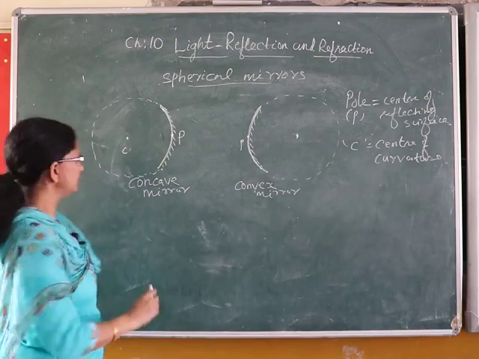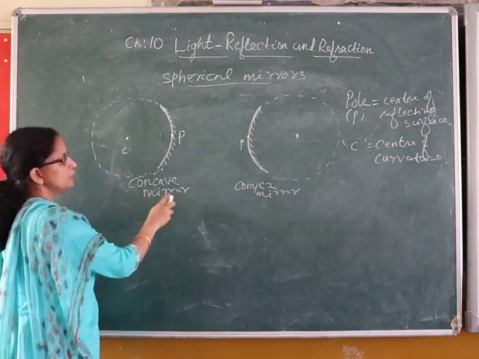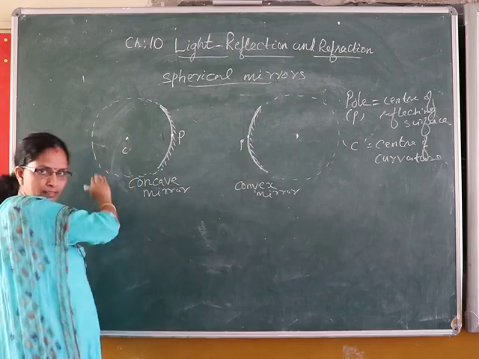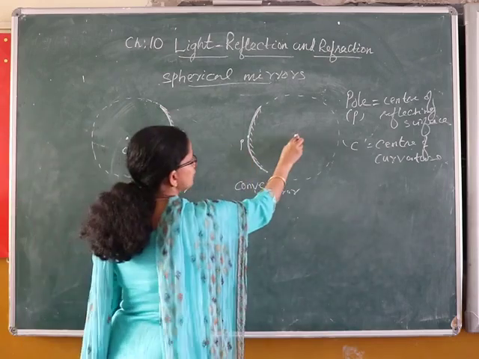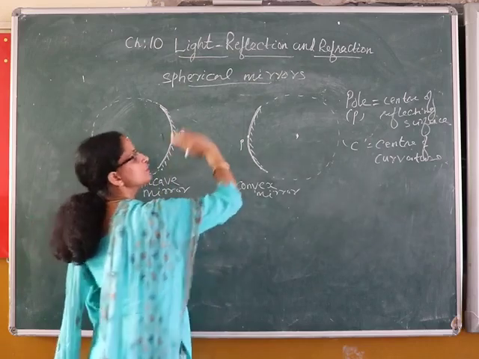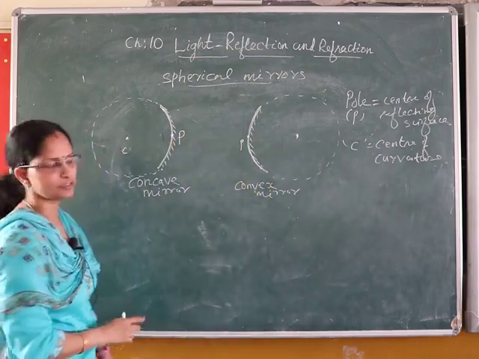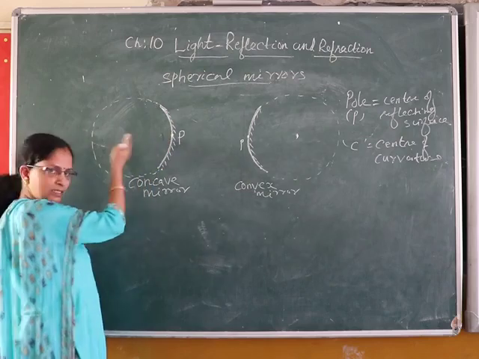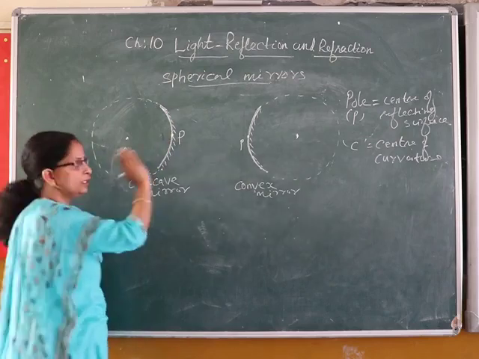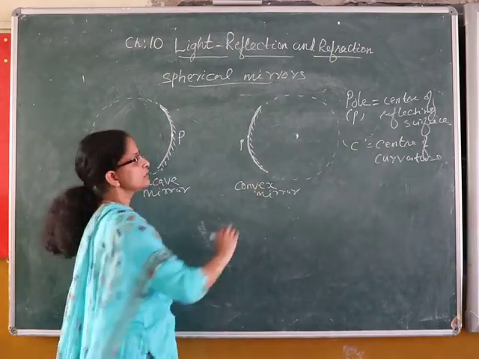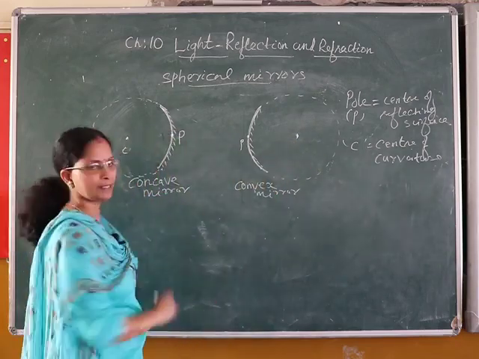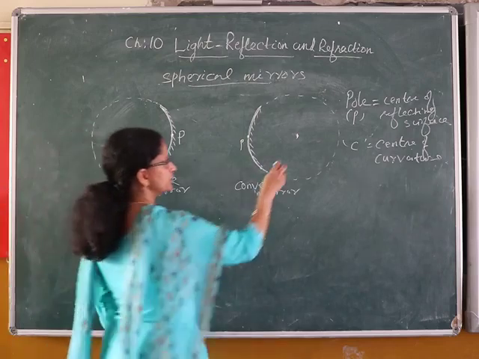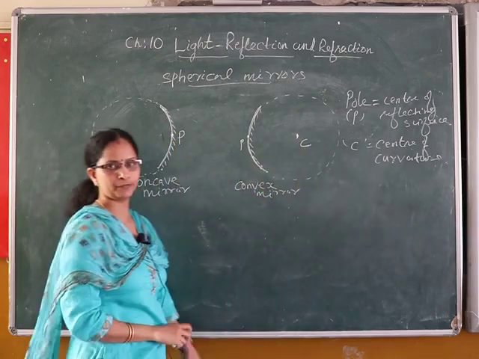The difference is that the center of curvature for a concave mirror lies on the same side of the reflecting surface, whereas the center of curvature of a convex mirror lies on the opposite side of the reflecting surface. So here is the center of curvature C.